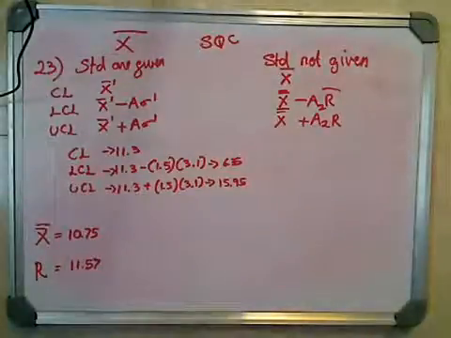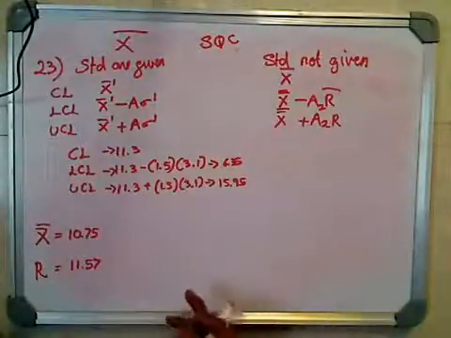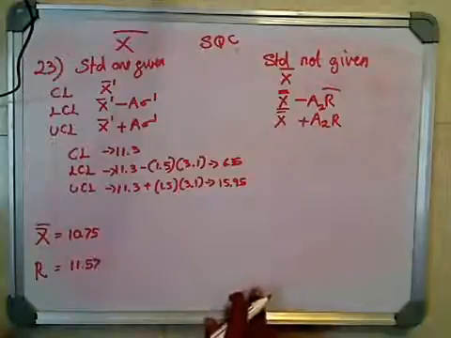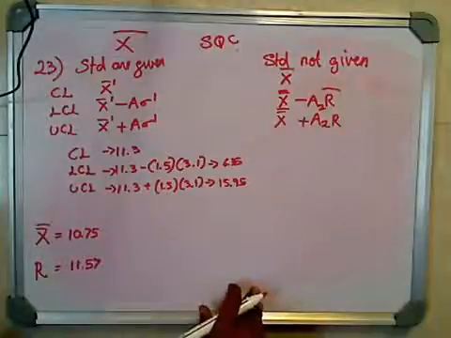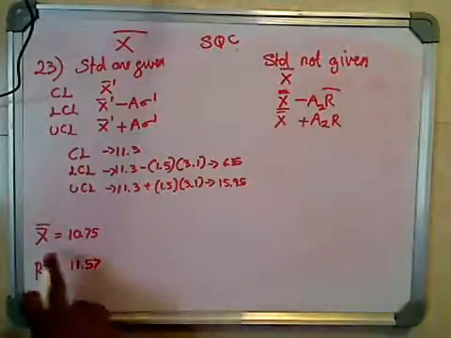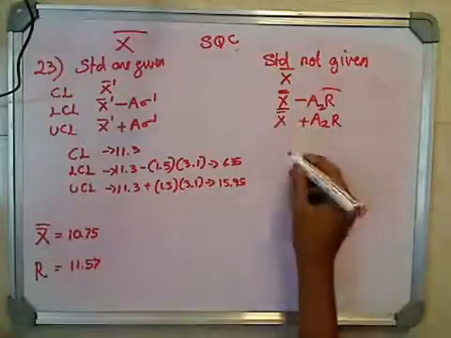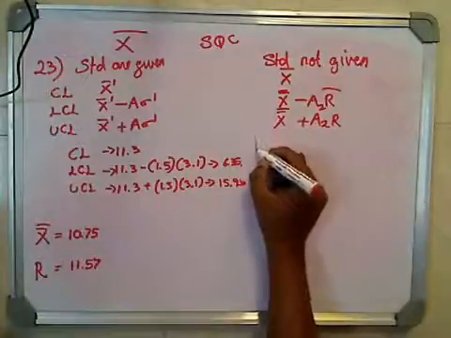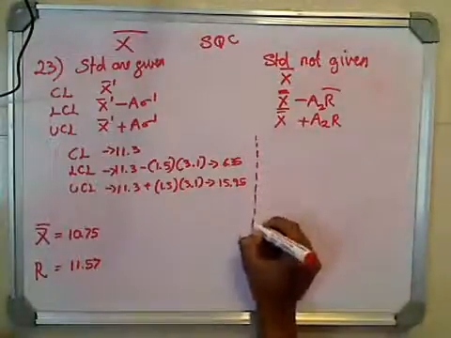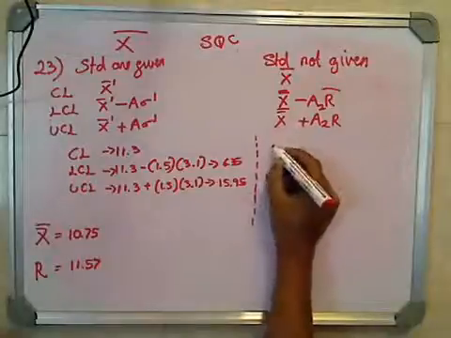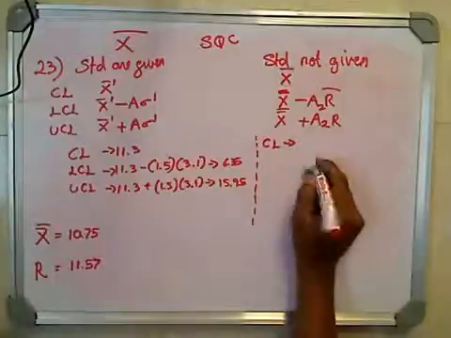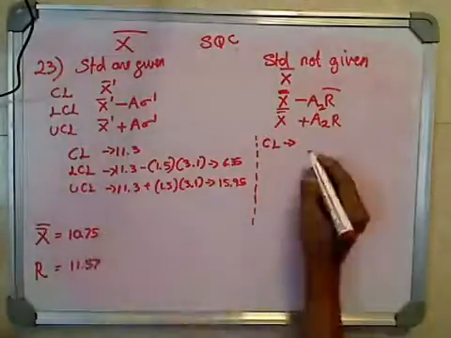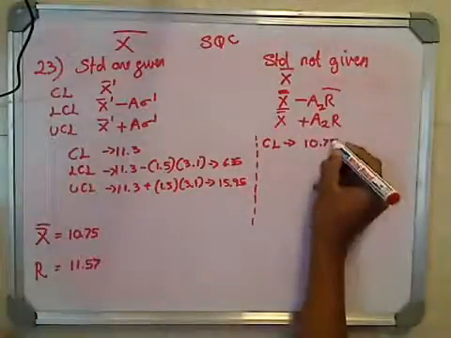Now, the same thing is what you need to do for the case where the standards are not given. Here, when the standards are not given, you already have one value. When it comes to the control limit, let me just put a small divider here. CL is X-bar, that's nothing but the value that you got here, so 10.75.